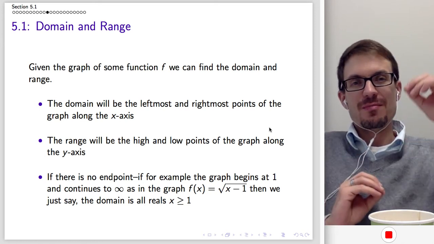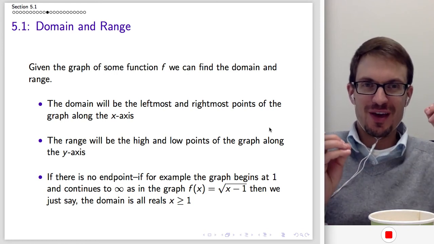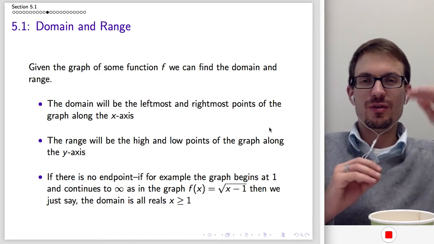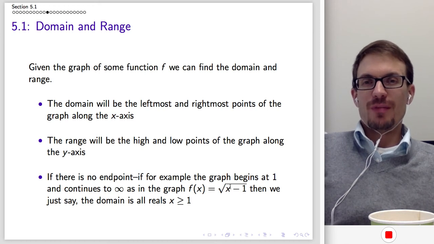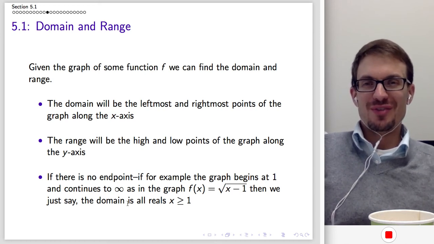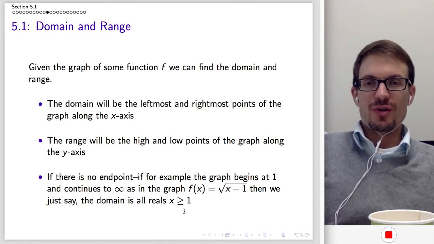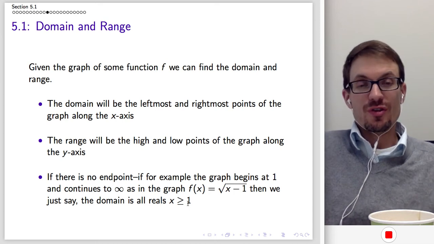It's not necessarily the endpoints of our function. We're not going to take our first value and our last value and make that our range. No, we're going to take our high value and our low value and make that our range. If there happens to be no endpoint, for example, if the graph begins at 1 and continues to infinity, as in this graph, then we say the domain is all reals bigger than 1 in this case. The range is all positive reals.